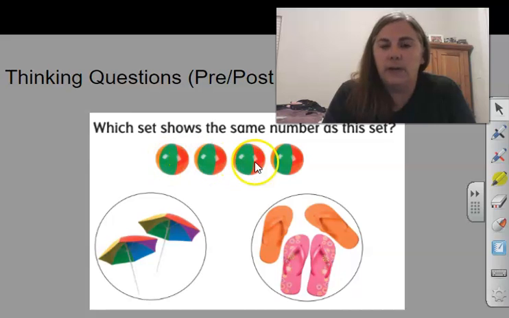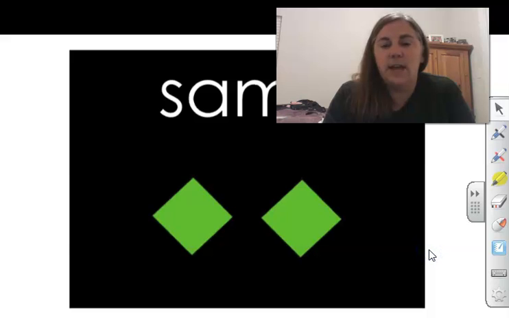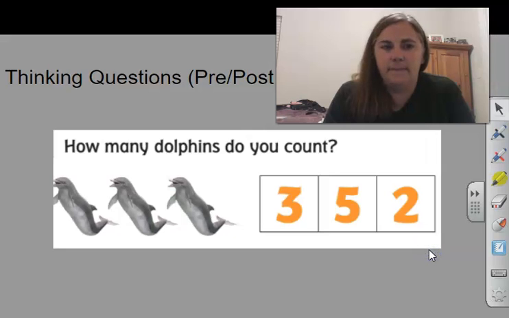In our circles, we have sets. There's a set of 2 beach umbrellas, and there's a set of 4 flip-flops. Remember, the question said which set shows the same number. So keep thinking. Which set is the same?